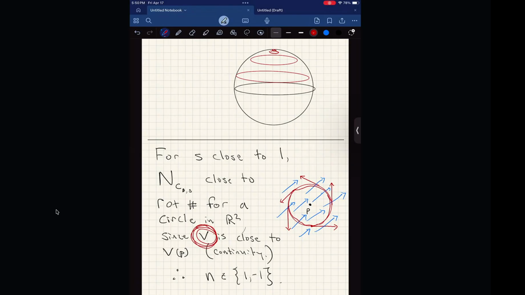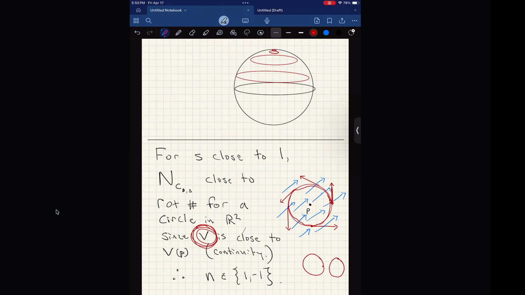And so when you transplant everything to R2 to get the rotation number as we defined it earlier, what you're seeing at any point is a small perturbation of just rotating. So the R2 picture is very much looking like a perturbation of this or a perturbation of this.